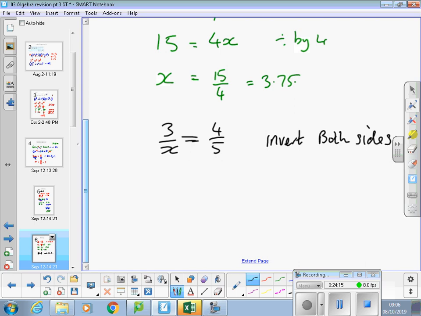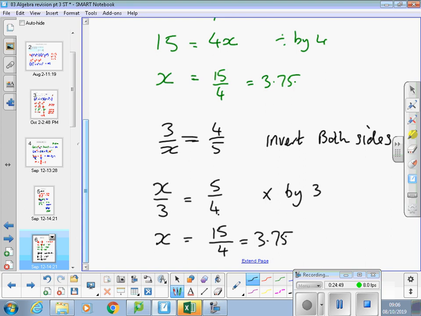So you can say x over 3 equals 5 over 4. We've immediately got x on top where we want it. And then multiply by 3. That gives us x is equal to 15 over 4, equals 3.75. As long as you turn the whole thing upside down, okay?